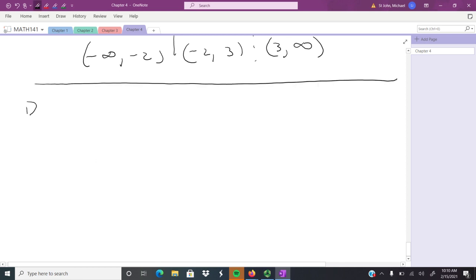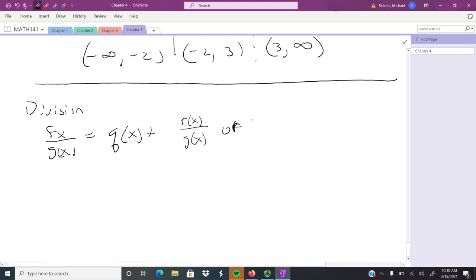So division, then. So f of x over g of x is going to be the quotient plus the remainder over g of x, or f of x is equal to q of x times g of x plus r of x.